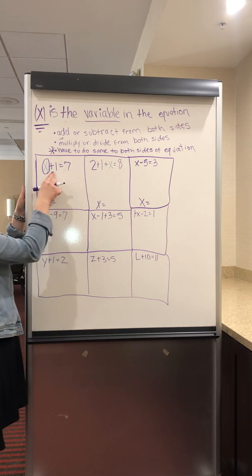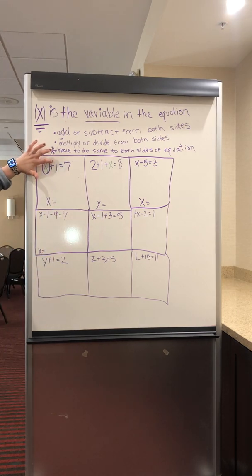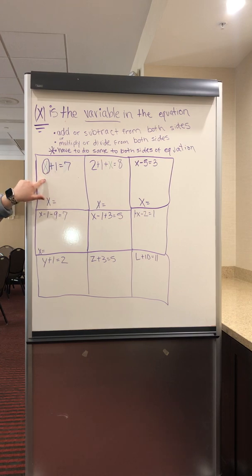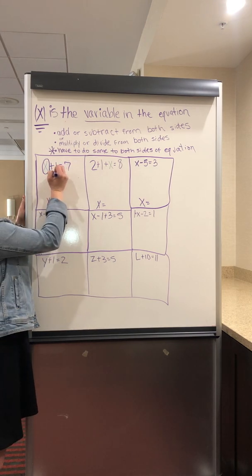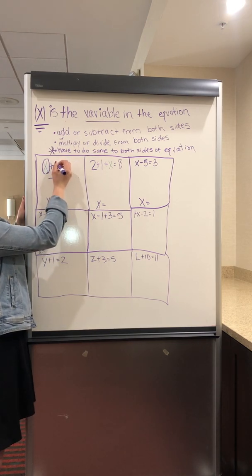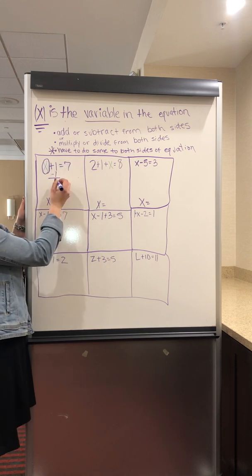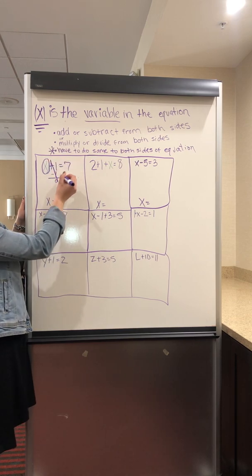Since it says plus 1, we are going to subtract 1, since we are taking it away from this side of the equation. 1 minus 1 equals 0, so that cancels.